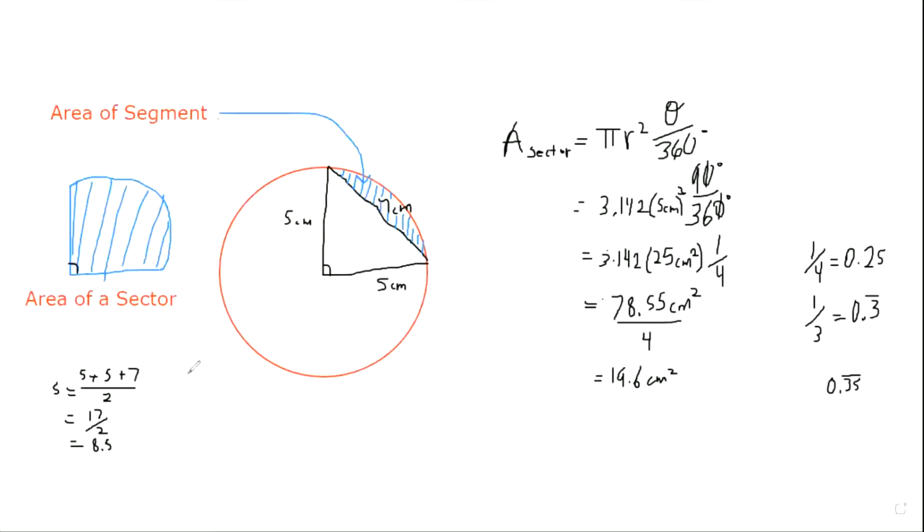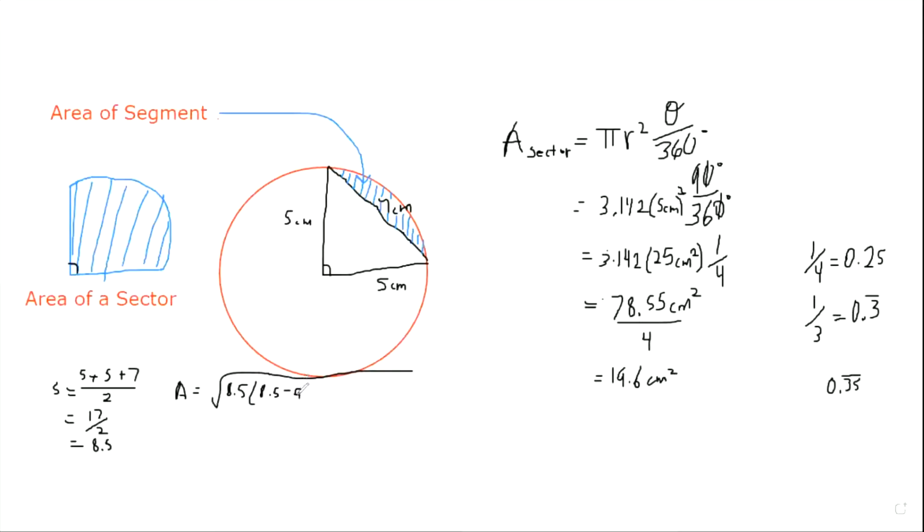Then we write A for the area, and draw a square root. All right, so 8.5 is here. And then we're going to subtract each of these lengths from 8.5.